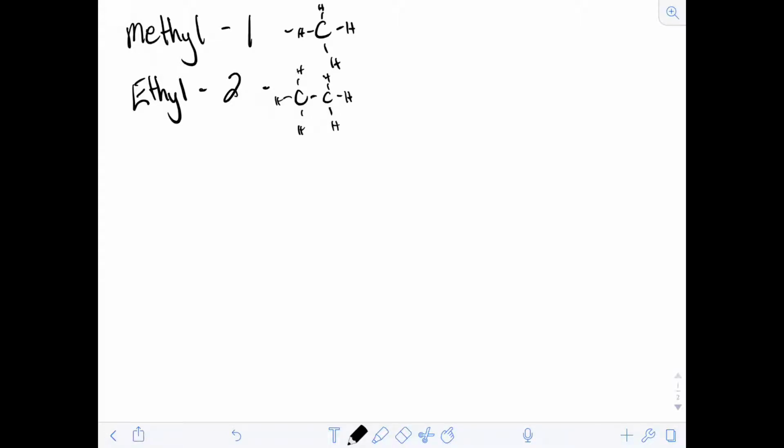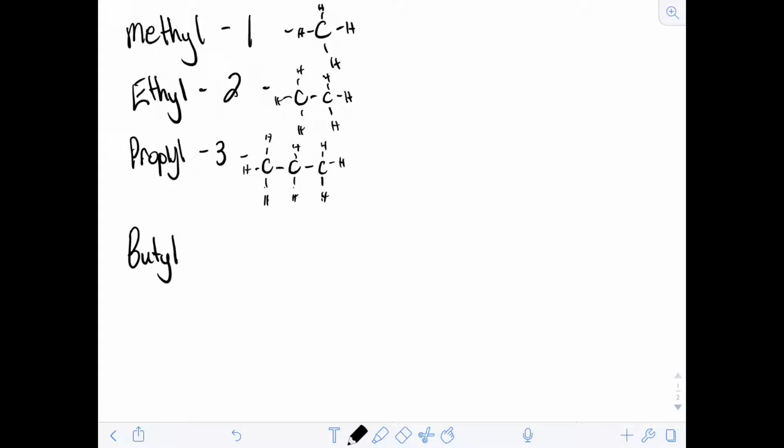Then we've got our propyl, and finally our butyl, which is 4 carbons.